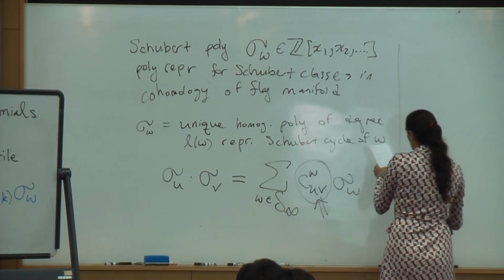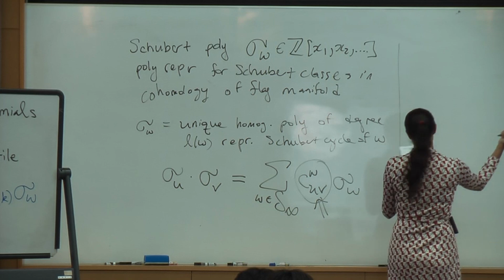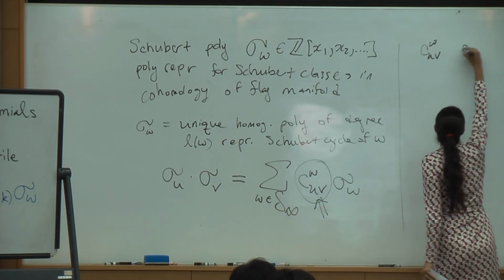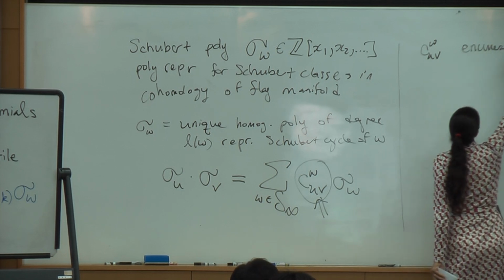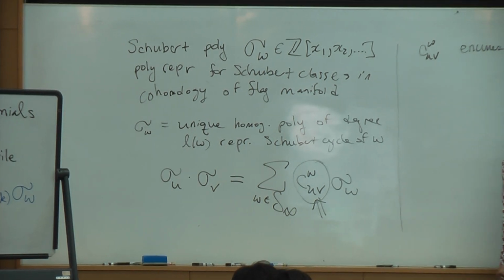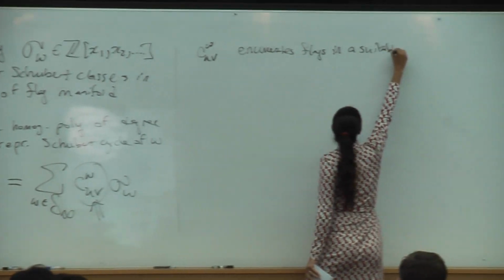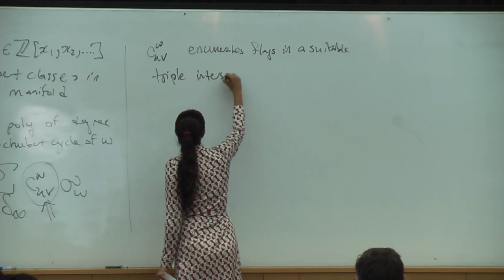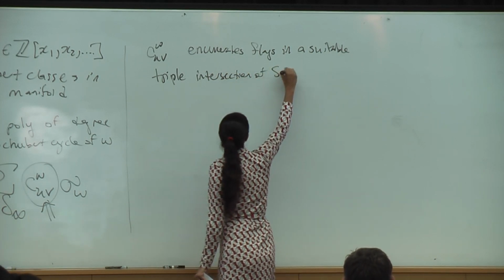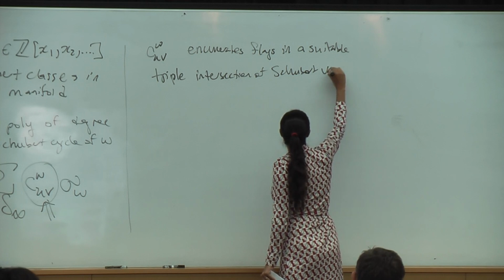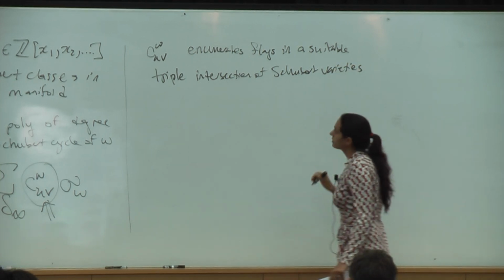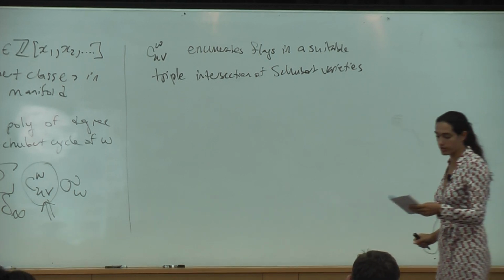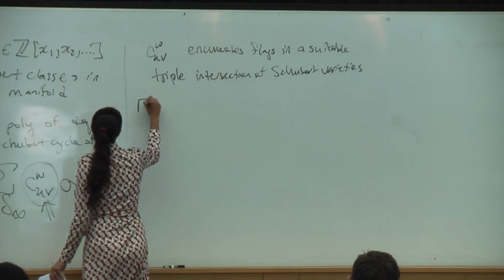So what are they? c^w_{u,v} enumerates flags in a suitable triple intersection of Schubert varieties. So from that, we know that they're non-negative. So being a combinatorialist, I want to have some nice combinatorial thing that they count. So that's the fundamental problem for me.